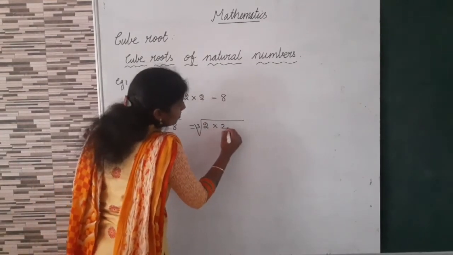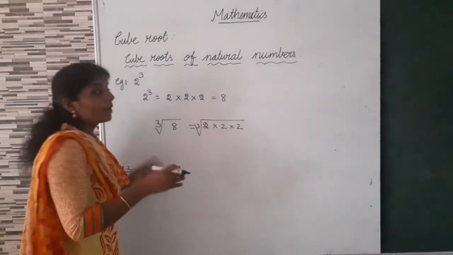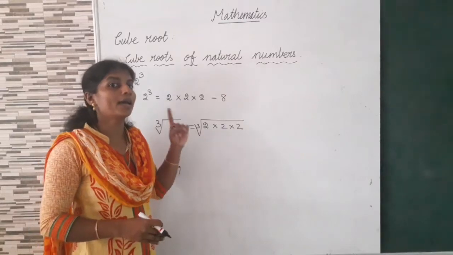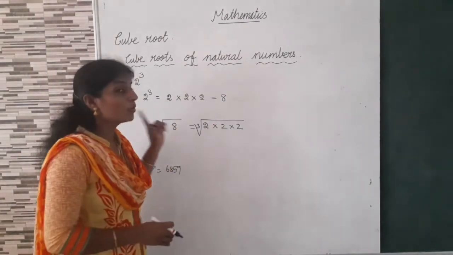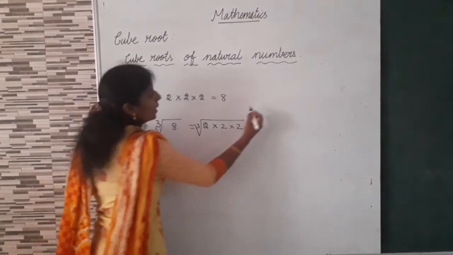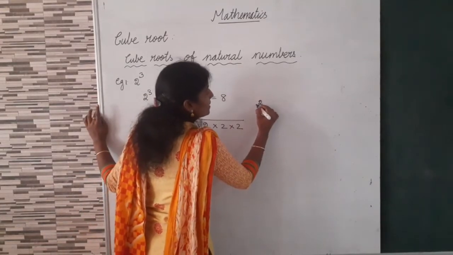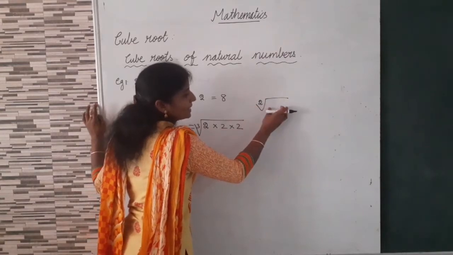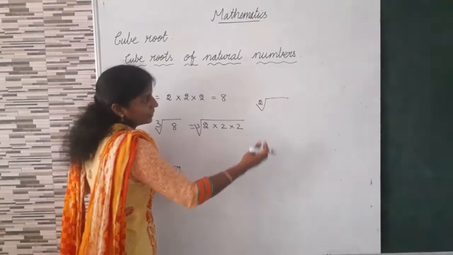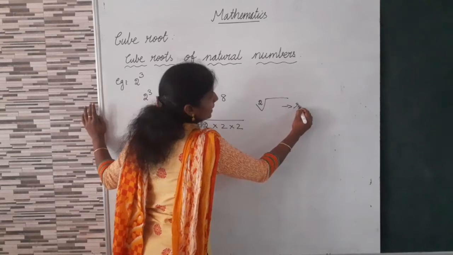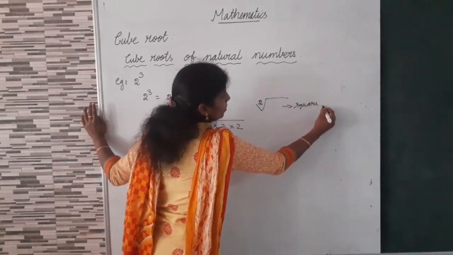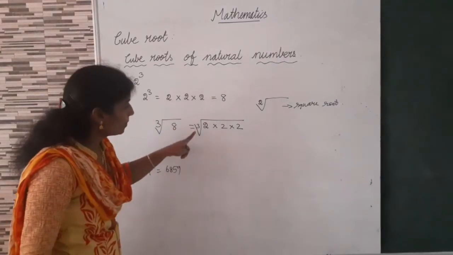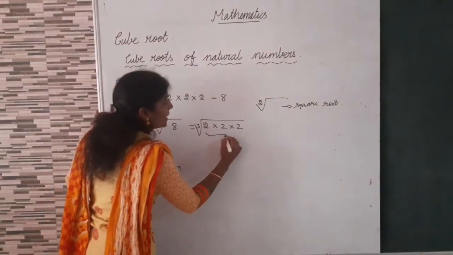In a square root, 2 into 2, we can take 2 in 1 outside. That is square root. Here this is cube root. Cube root means 3 in 1 take outside.